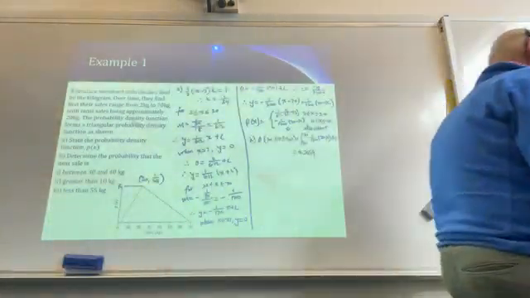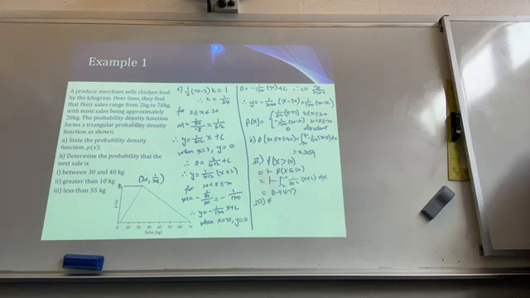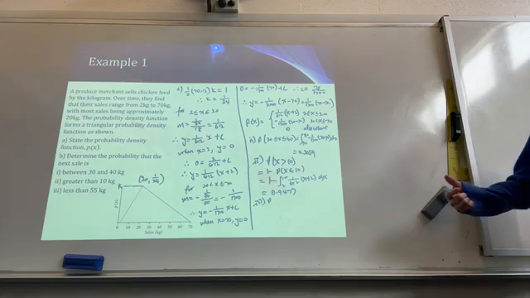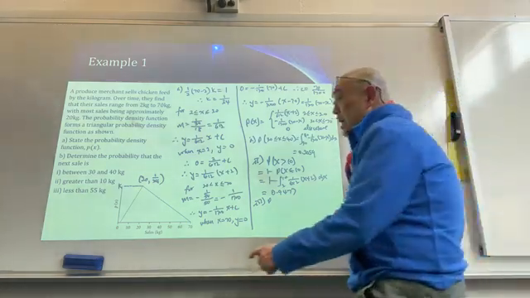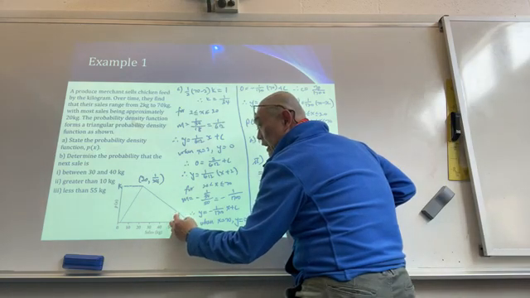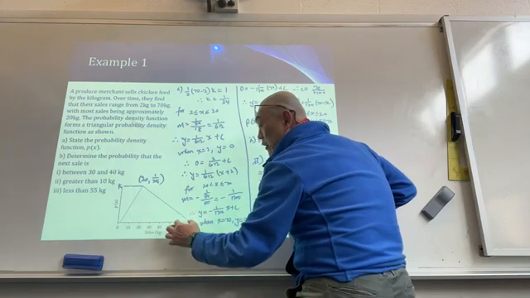Sometimes, if it is a calculator-free section and you do integration, you might make some errors. And again, the same with less than 55: 1 minus greater than 55. Look at the area here, 1 take away that area.